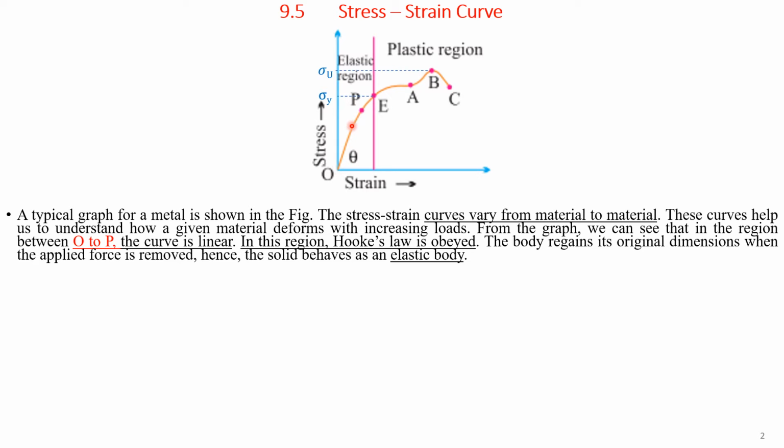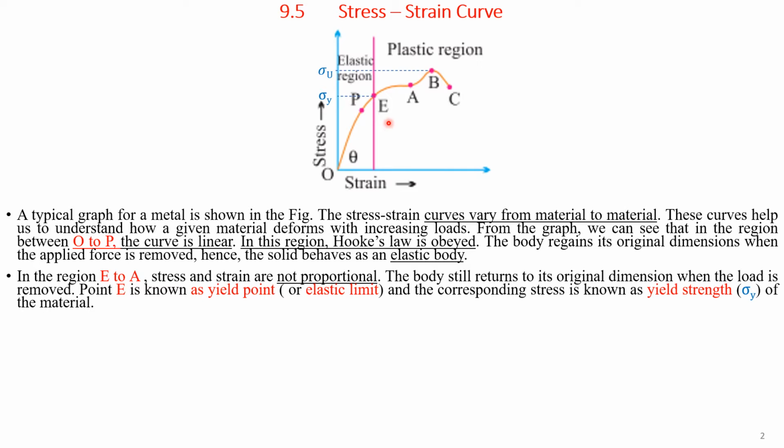Suppose we remove the load at this point, the body regains its original dimensions and hence the solid behaves as an elastic body. So to the left of this vertical red line, that is point E in the graph, the region is the elastic region, which is also written in the graph.